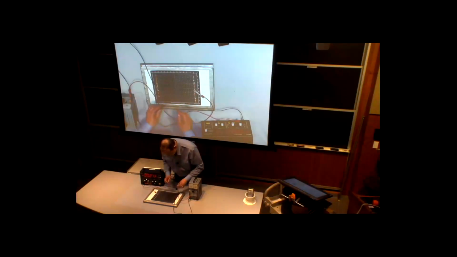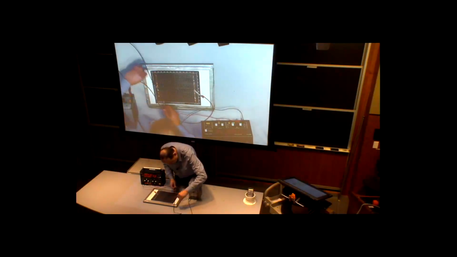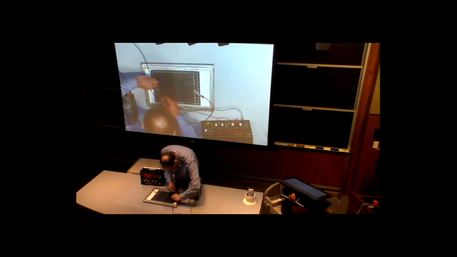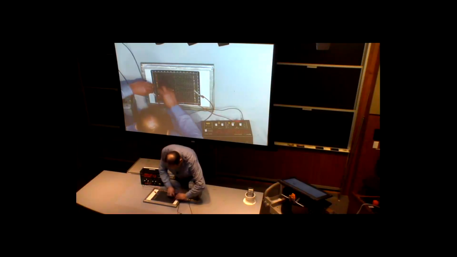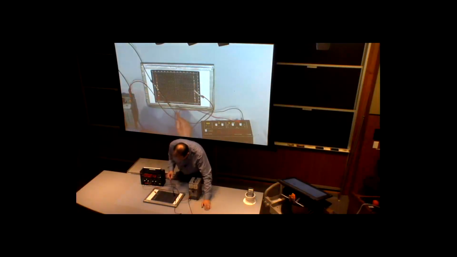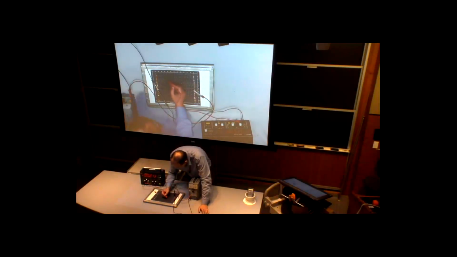Now what can we do? Well, technically I can just connect this permanently. So I can measure electric potential at different locations, 58.